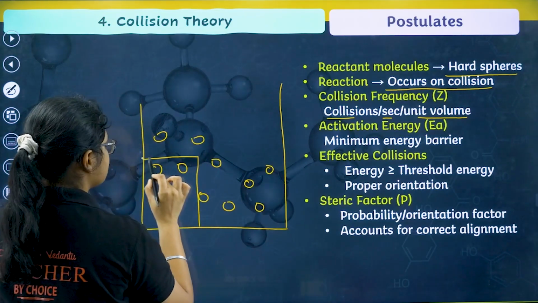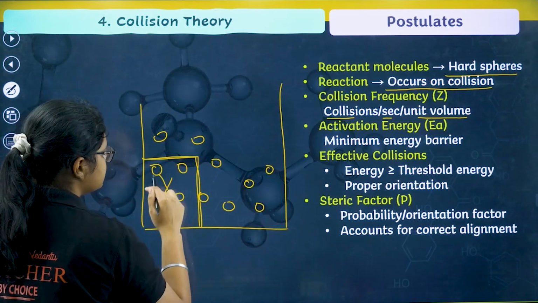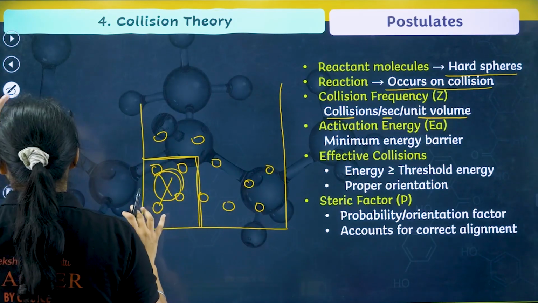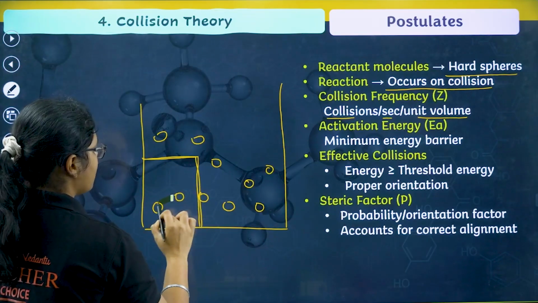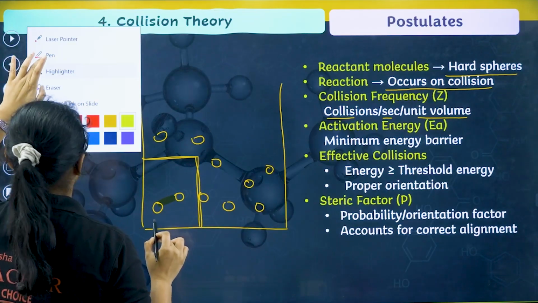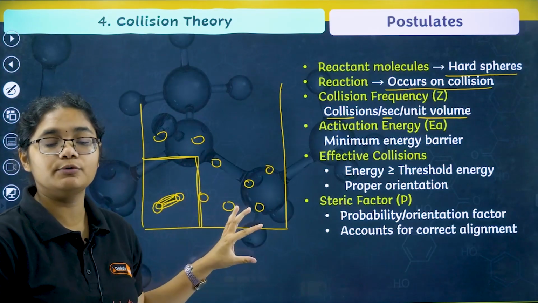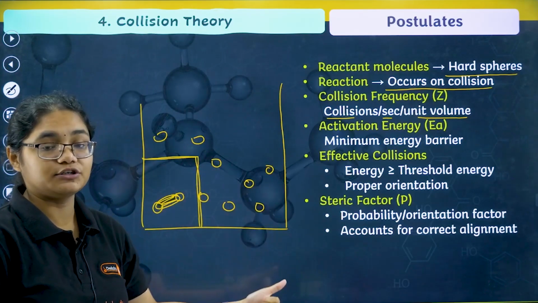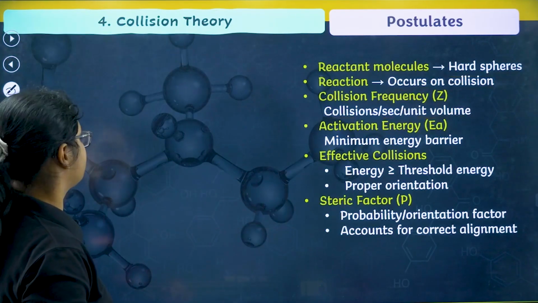In this 1 unit volume, how many collisions are taking place per second? The number of collisions per second per unit volume is called collision frequency.